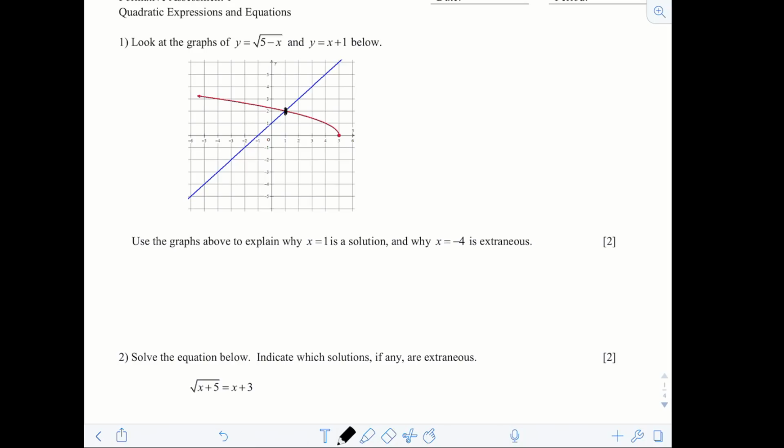We can see that the intersection at x equals 1 is on both of the graphs. So since y equals the square root of 5 minus x and y equals x plus 1 intersect at x equals 1, therefore x equals 1 is a solution.